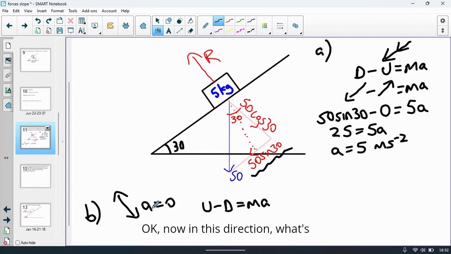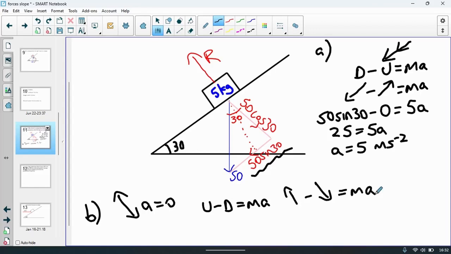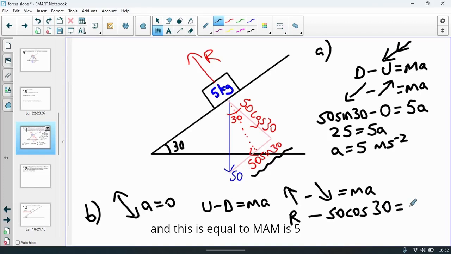Now in this direction, what's going up? Obviously your reaction force is going up in that direction. So going up is the reaction. Going down is this force over here, 50 cos 30 in this direction. And this is equal to ma. m is 5. Acceleration in this direction is obviously 0.